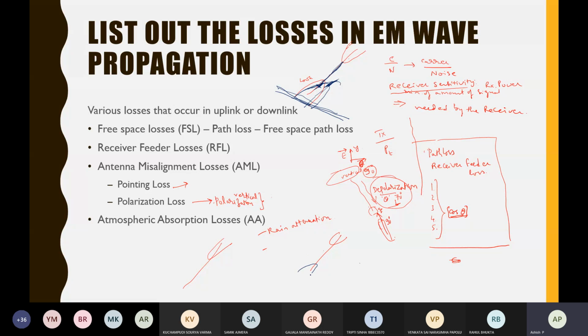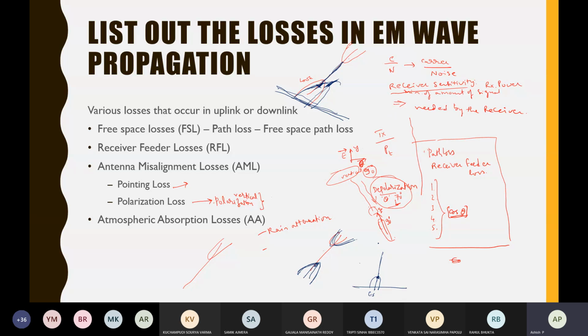Your main beam should be pointed exactly towards the main beam of the satellite. Then only it will be receiving the maximum power. So what is this? This is the earth station as a receiving antenna. Antenna parameters follow reciprocity. So the main beam is here means it is radiating or receiving maximum energy from that direction. If it's a receiving antenna, it is able to receive maximum energy from this direction.